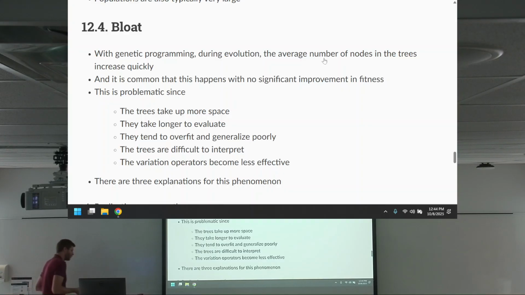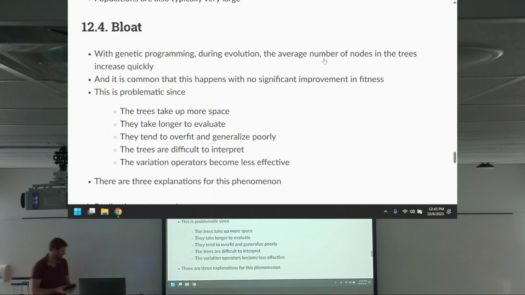So what's going to happen? When running genetic programming, the average number of nodes in a tree starts to increase quickly. And this commonly happens with no actual meaningful improvement in fitness. That's a problem, especially as they get bigger and harder to evaluate.